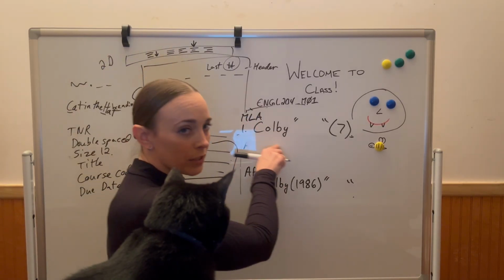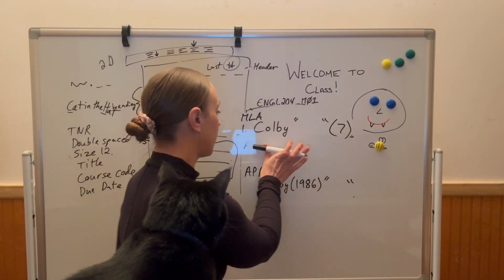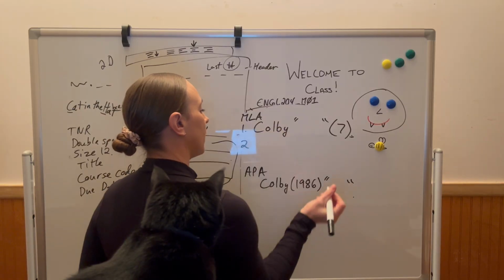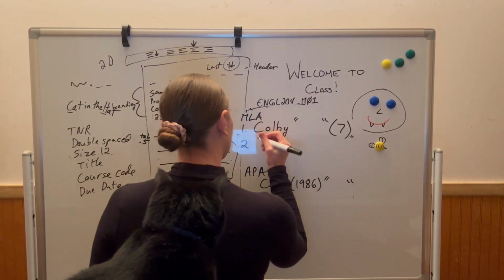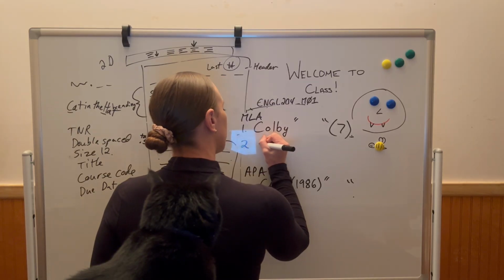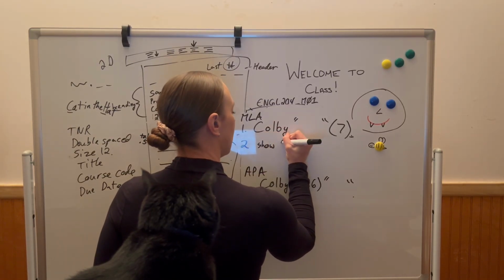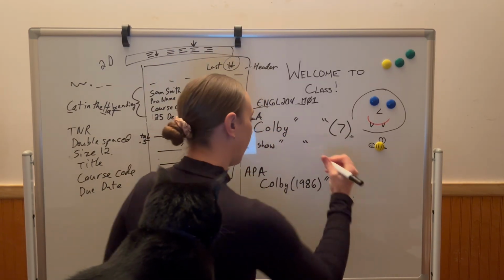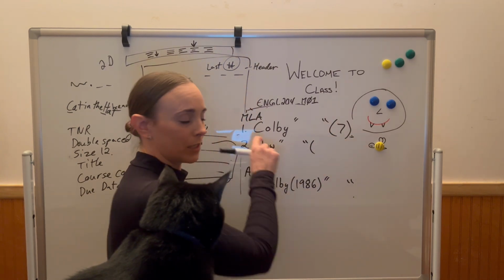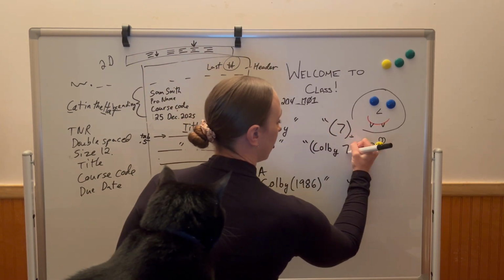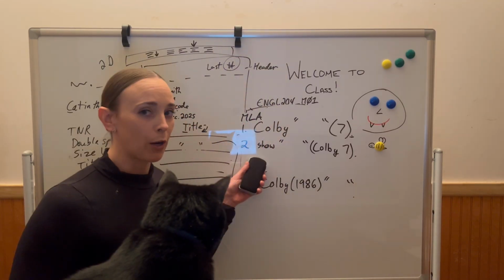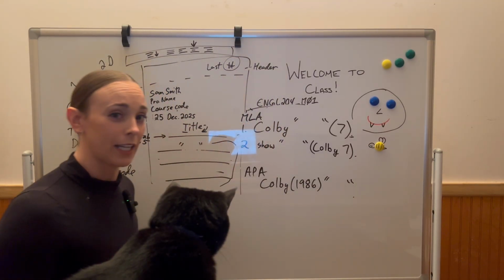So there's 2 primary ways of doing citations. You can have the author's name at the beginning with the page number at the end, but the other way of doing it is if you don't have the author's name in the beginning, you just say, according to research, or studies show, blah, blah, blah. And then you don't have the author's name at the beginning, you do need it at the end. So it'd be Colby 7. So those are the 2 primary ways of showing a MLA citation.